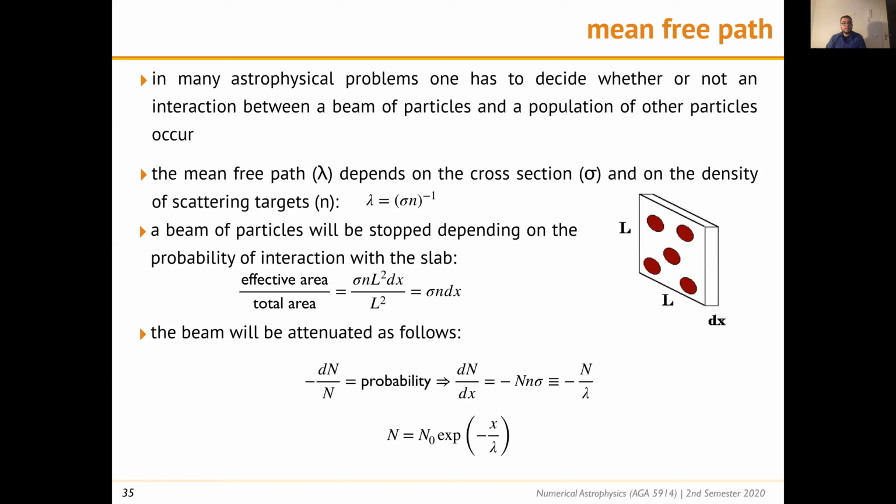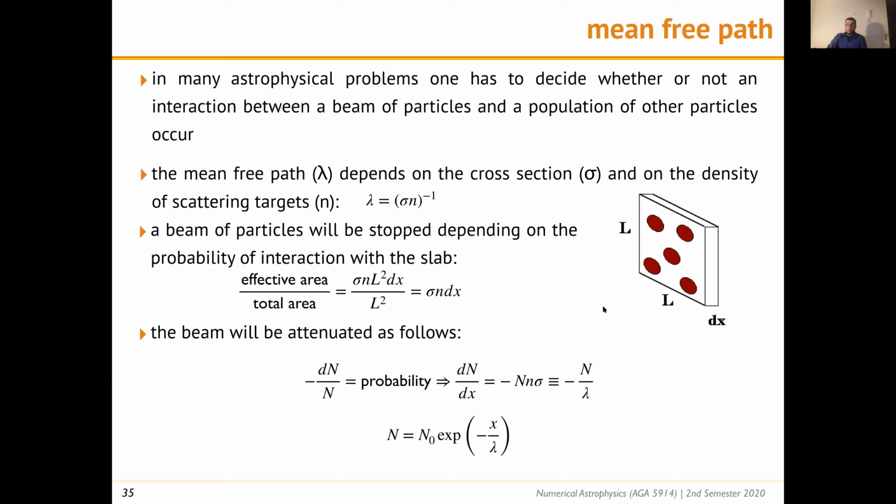And the idea is we have to decide whether or not an interaction occurs. To understand what's going on, let's take a look at this drawing here. We have a slab. This slab has a total size L by L by L. And we throw something at it.